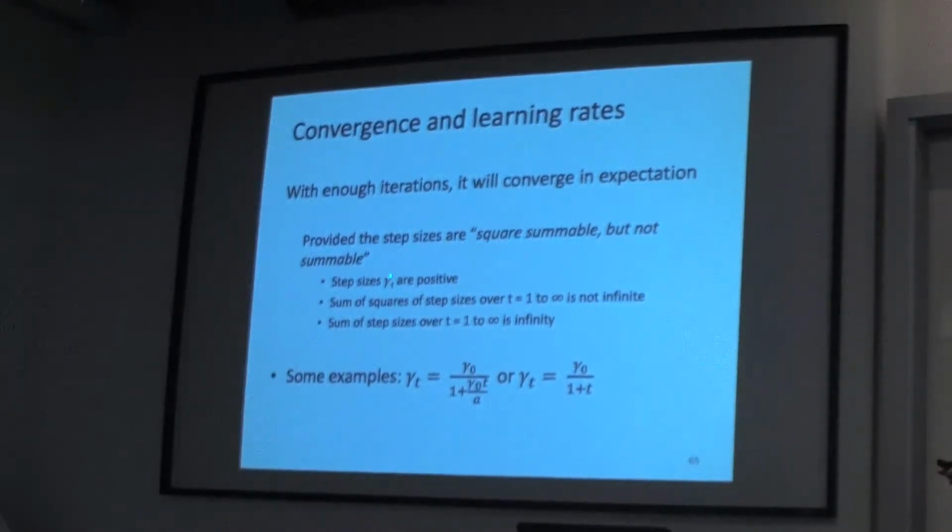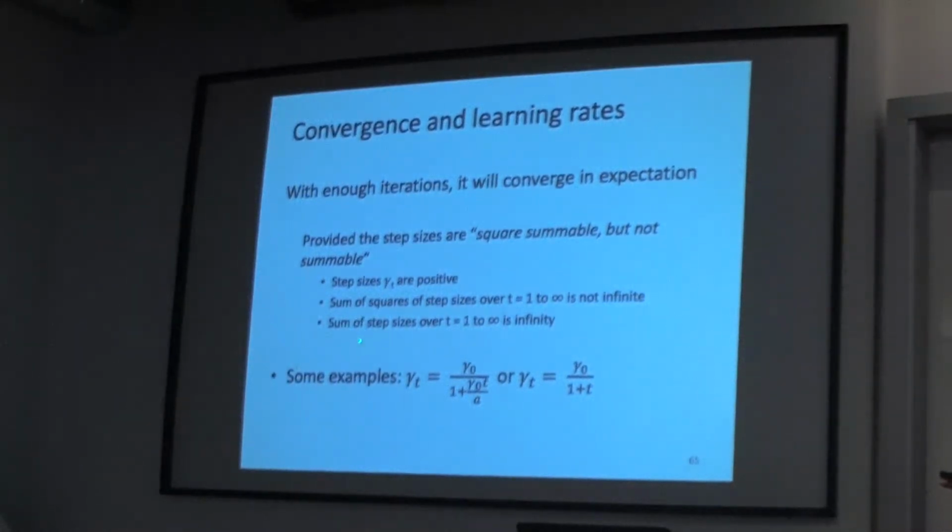First, of course, the step size gamma t must always be positive. Right? Second, if you take the square of each step size, and then you sum over them from t equals 1 to infinity, then this whole summation must be bounded, meaning it's not infinite. And the third one is kind of on the other side.